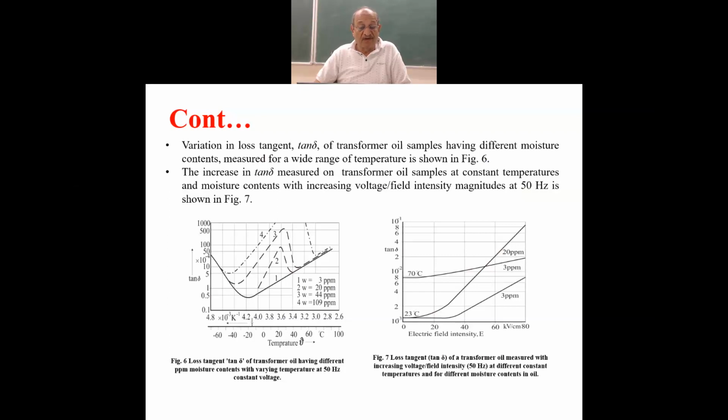So you can imagine if the dielectric temperature is changed, the losses in the dielectric change, and losses are determined by the factor tan delta. If the humidity content in the dielectric changes, that is more common in the case of liquid dielectrics, the moisture ingress, we call it, deteriorates the performance of liquid insulating materials.